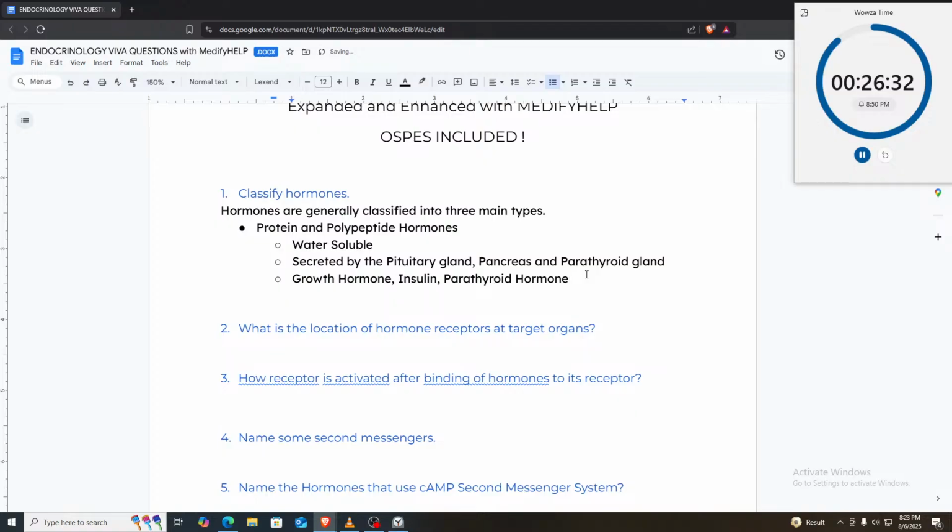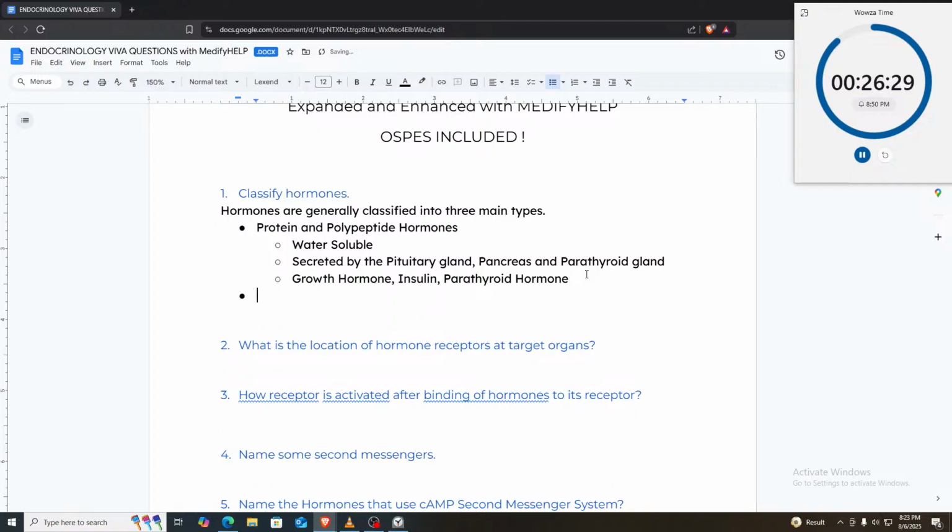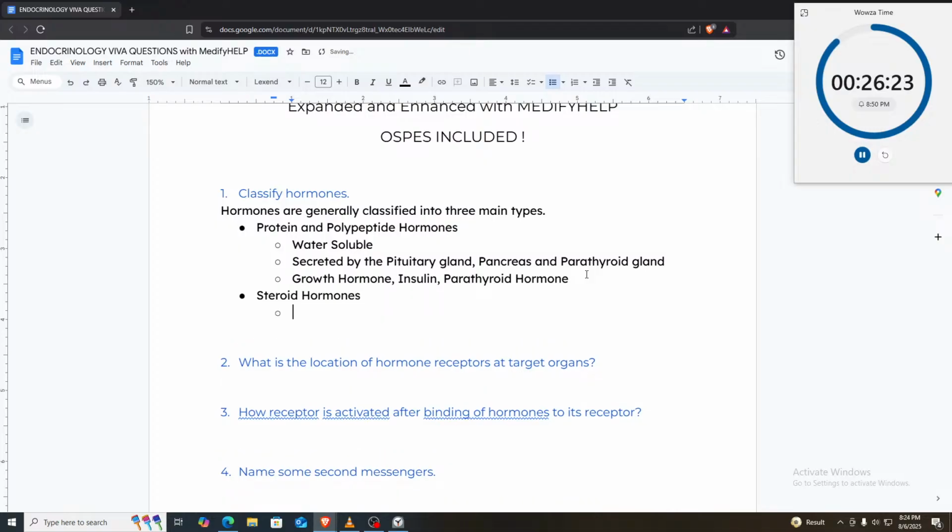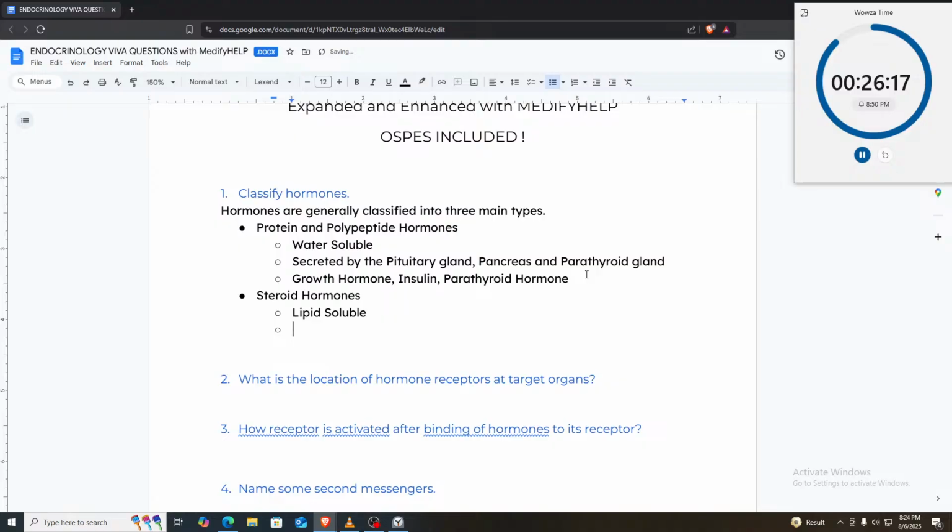What's next? The next classification is, of course, steroid hormones. What about steroid hormones? They are lipid soluble. What would be good examples? Cortisol, estrogen, and testosterone. So simple examples.